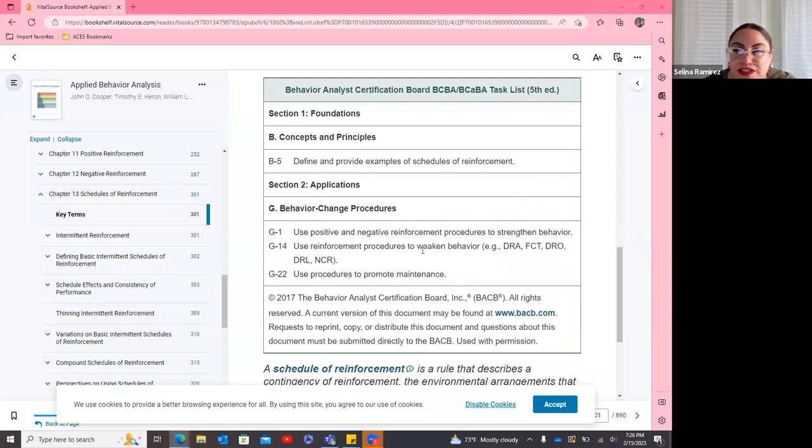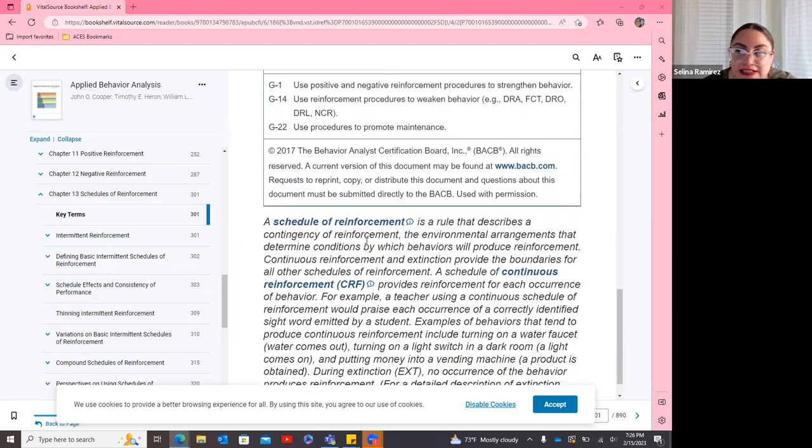Use reinforcement procedures to weaken behavior. So if we want to decrease a behavior, then we're going to use DRAs, FCTs, DROs, DRLs, or NCRs. And then G22, use procedures to promote maintenance.